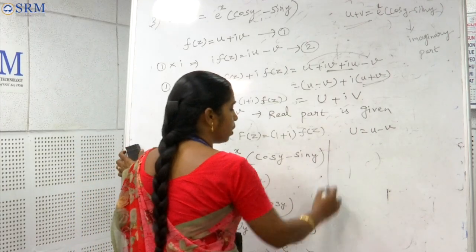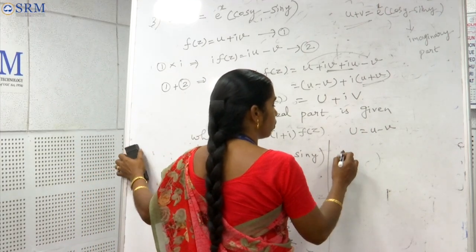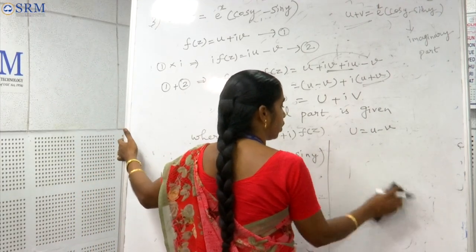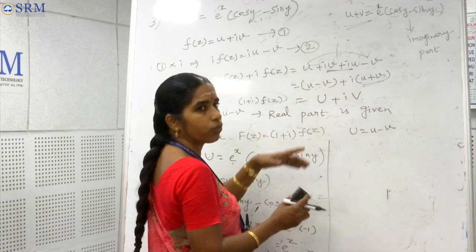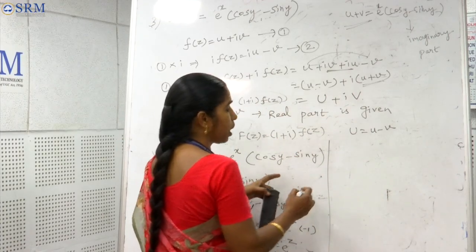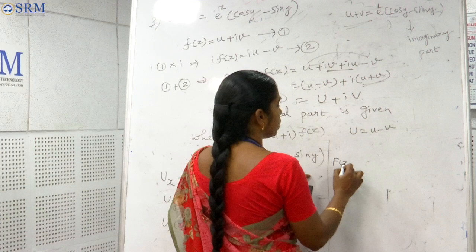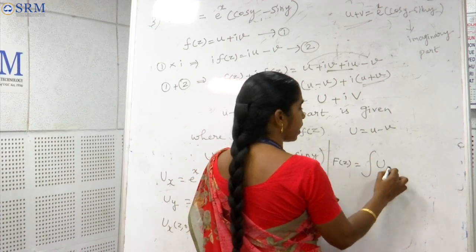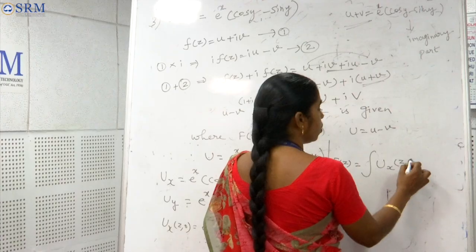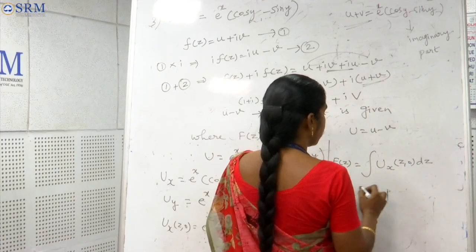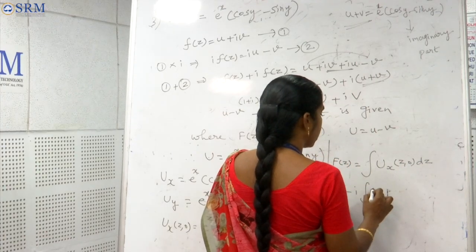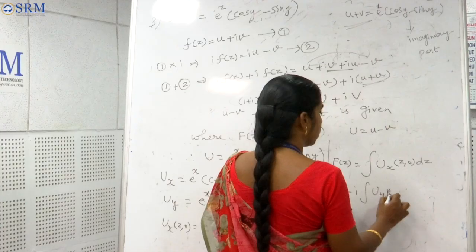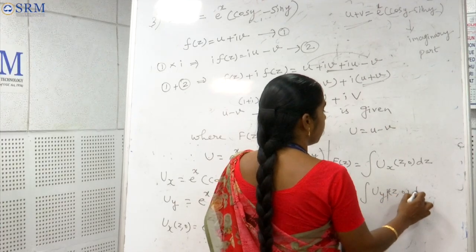And the formula is: F of z is equal to the integral of Ux(z, 0) dz minus i times the integral of Uy(z, 0) dz plus c.